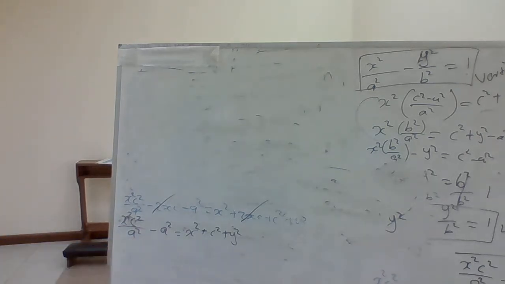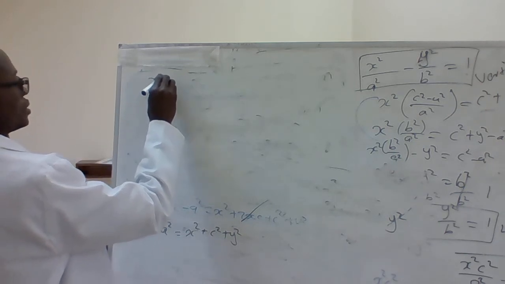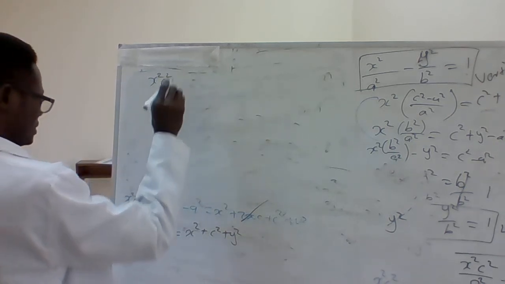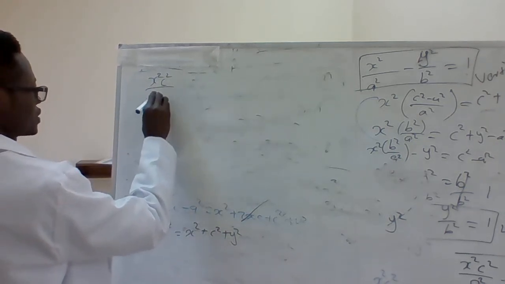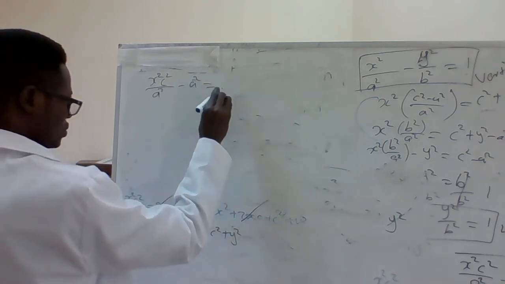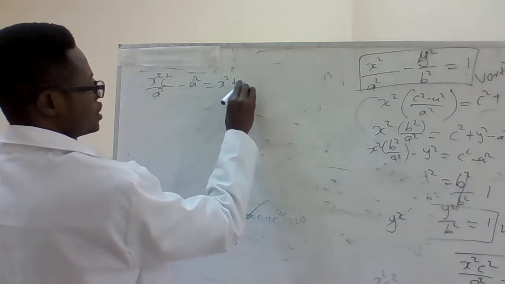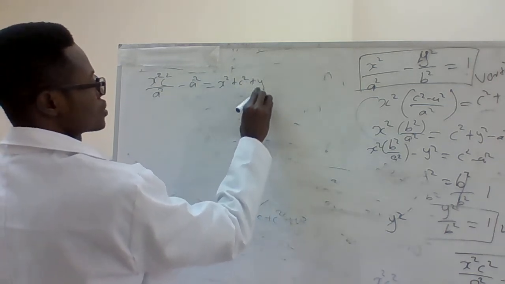What we have is x squared c squared all over a squared minus a squared is equals to x squared plus c squared plus y squared.